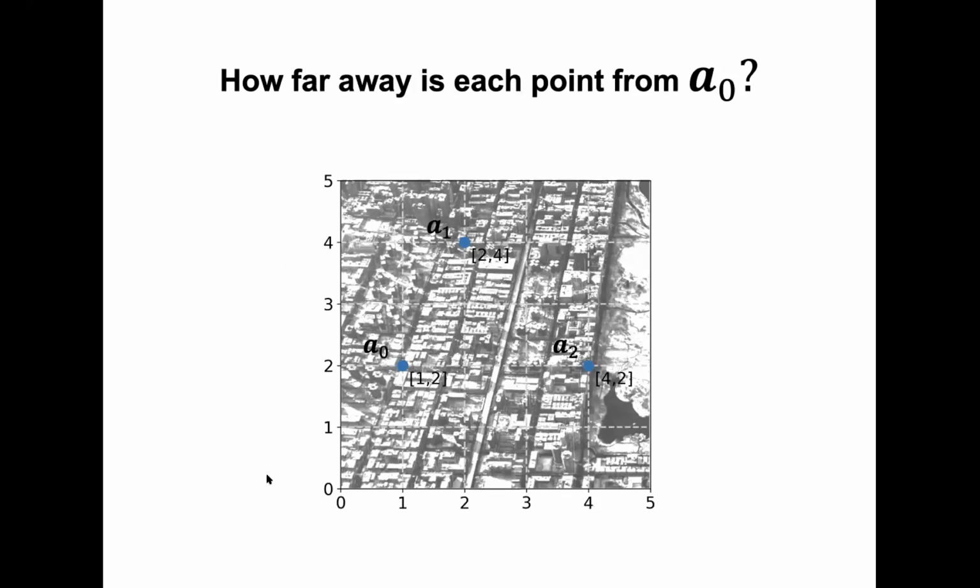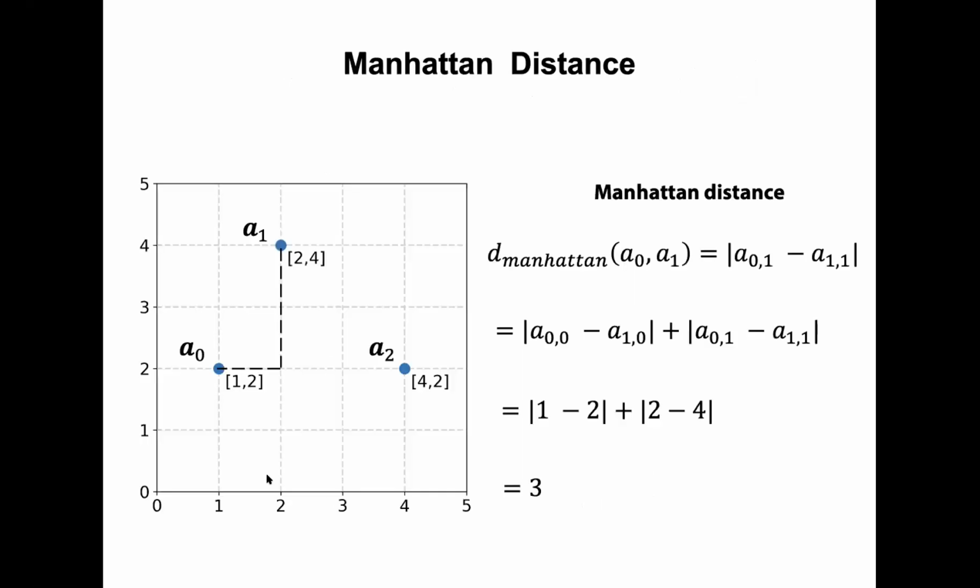One measurement you might have heard of is Manhattan distance. Manhattan distances assume that you can only move along certain grid lines, so that you have to go down a Manhattan Avenue and turn, rather than cutting through buildings. This is a valid kind of distance. The Manhattan distance between these 2 points, A1 and A0, is 3. Now you see that under Manhattan distance, A1 and A0 are the same distance apart as A0 and A2, which is also 3.